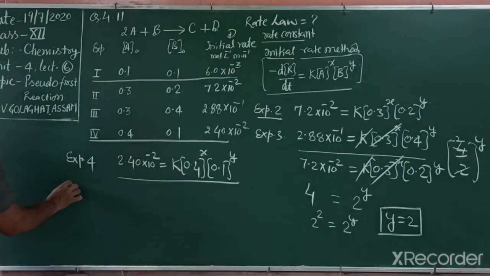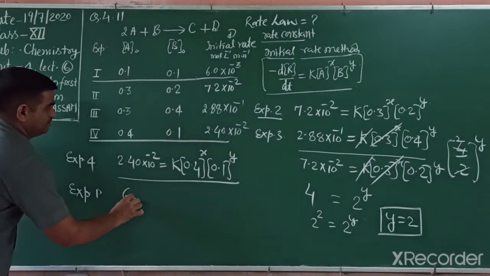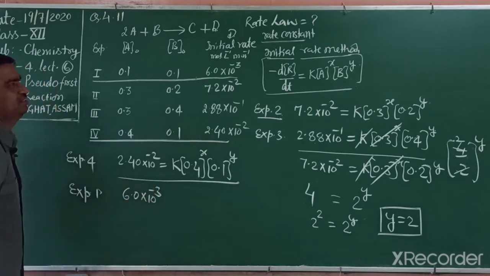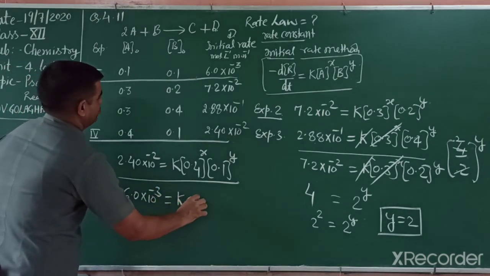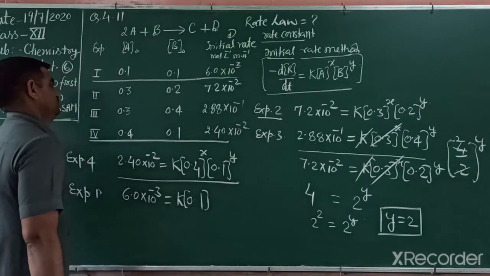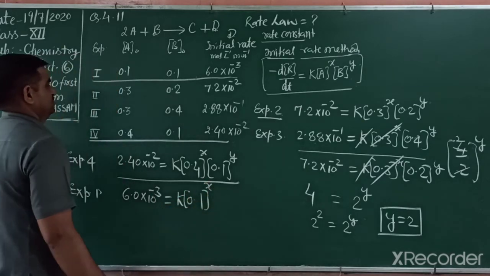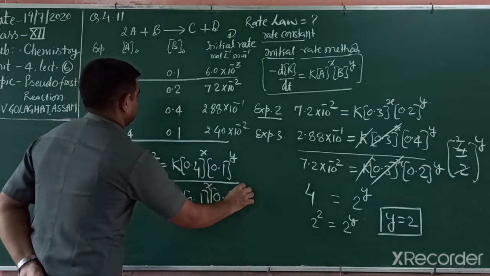Further, from experiment number 1, rate of formation of D is 6.0 into 10 to the power minus 3, equal to K times 0.1 to the power x, times 0.1 to the power y.